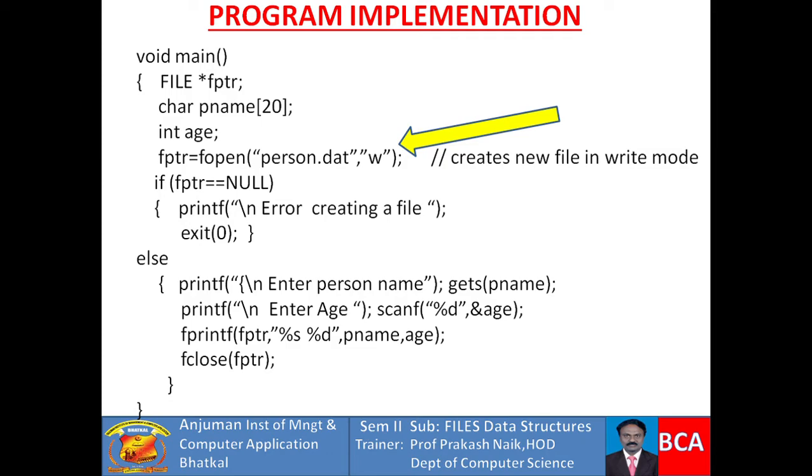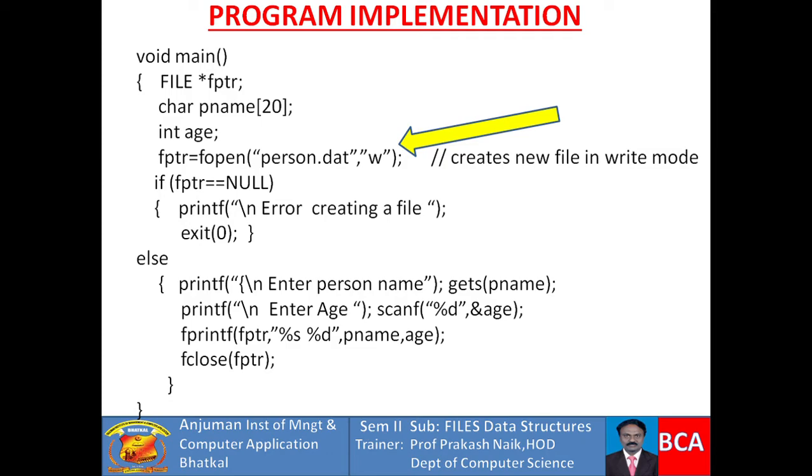Now if the file is created, the memory address will be stored to fptr. But if any error occurs, if the file is not created or not opened, fptr will store null.